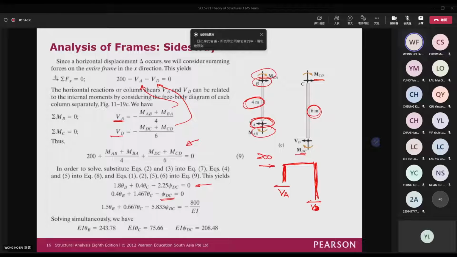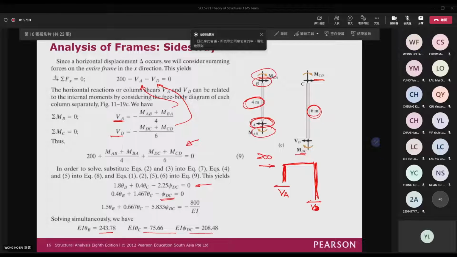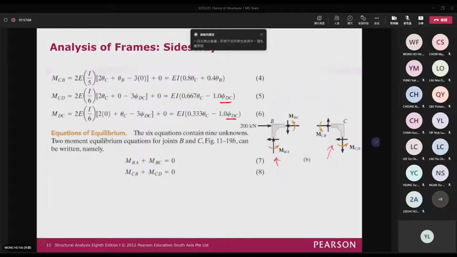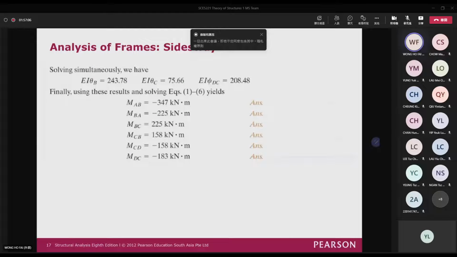So right now, including those two considering the equilibrium of the joints, I have my third equation. And from these three equations, I can solve for the values of theta B, theta C, and phi DC. After solving for these three, I can back substitute into those 6 equations, and then I can find the member end moments. Okay.